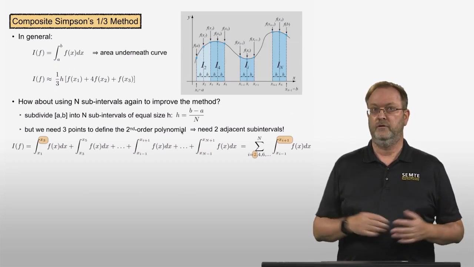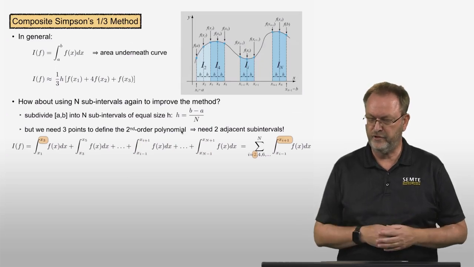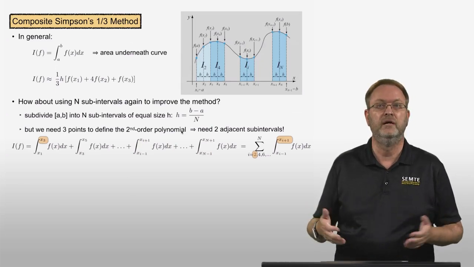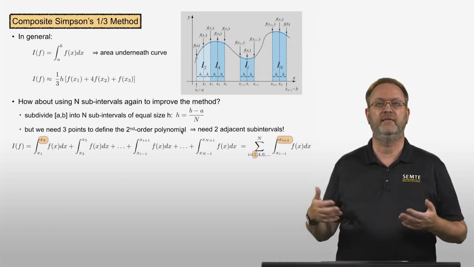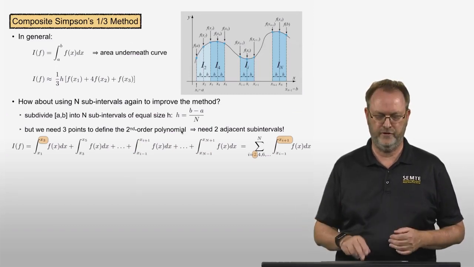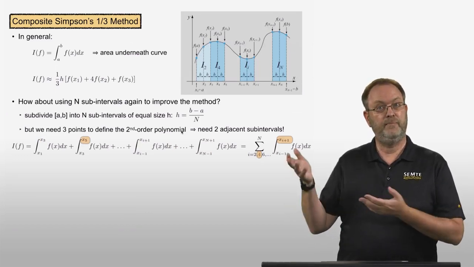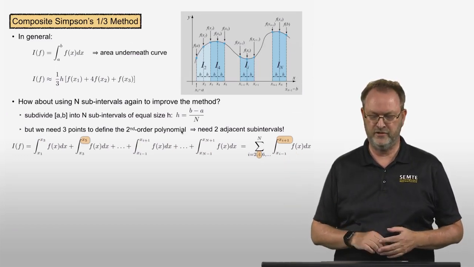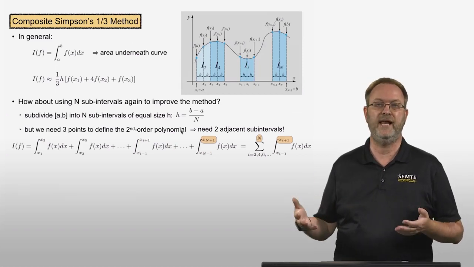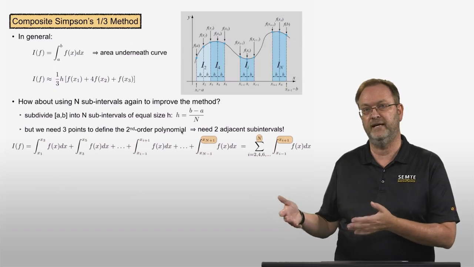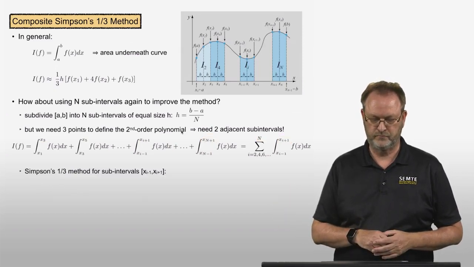For the first integral, the upper bound is x3, and in the summation formula i would be equal to 2. In the formula the upper bound is x_{i+1}, that would make the upper bound x3 for the first integral. Then i becomes 4, the upper bound x5, so that checks out. All the way to the last term, i would be equal to n, so in the formula the upper bound then is x_{n+1}, that checks out as well.